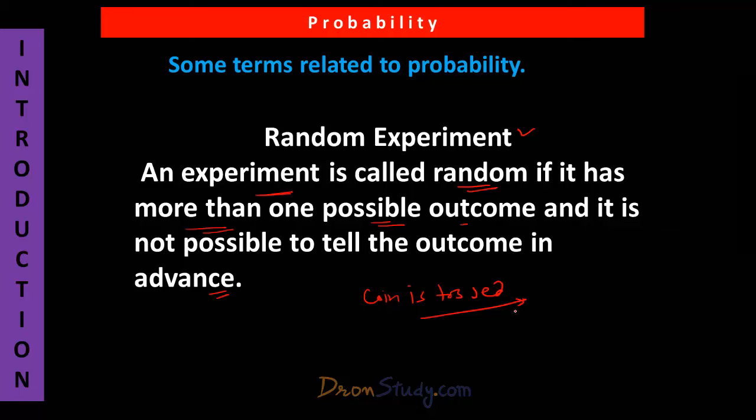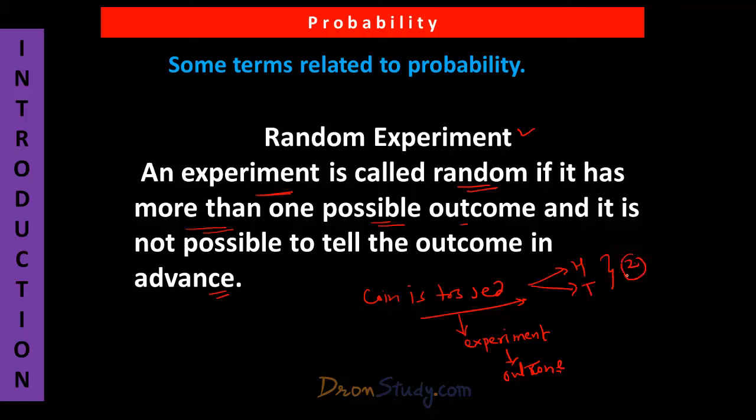This is an experiment because it gives some well-defined outcome. So it is called an experiment. But such an experiment is called random if it has more than one possibility. In this case, it will be either head or it will be tail.